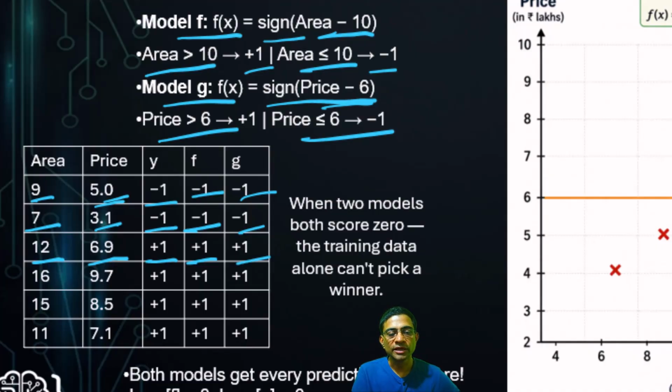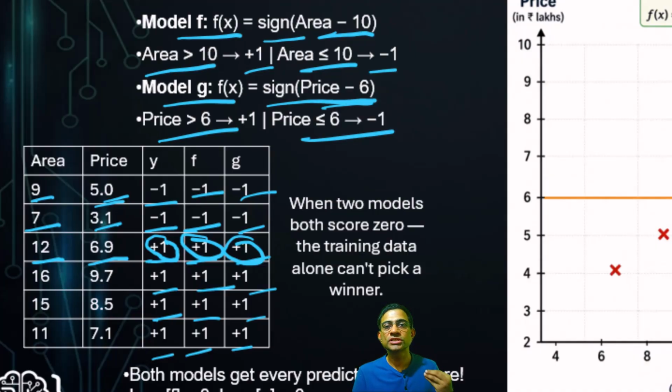So similarly, in each of the models, what we need to see is the actual label and the calculated label of F and G. So if you see in all the cases, this is exactly the same. So in a way, what it is telling here is both the models F and G are perfect, right? So there is zero misclassification loss. So that means we have got the best model in the world.